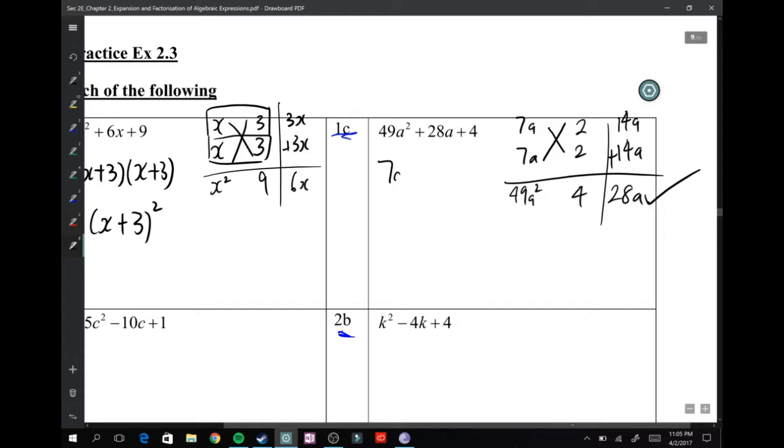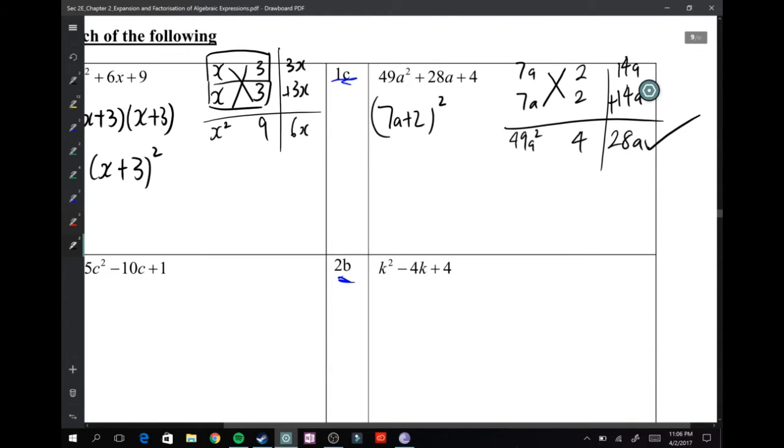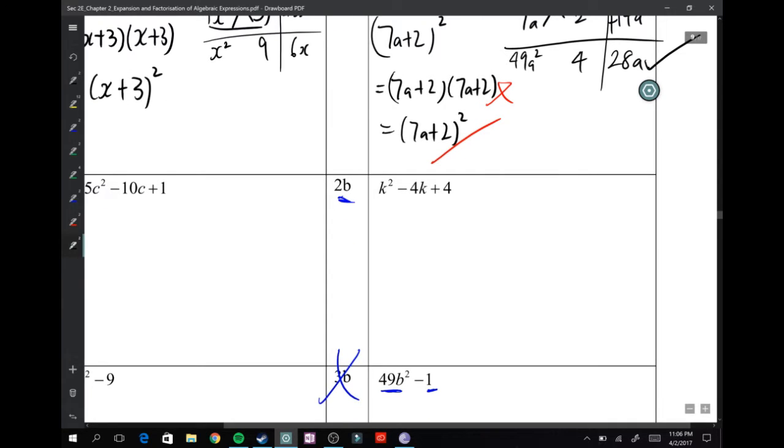So this is 7a plus 2, the whole thing square. Please, if you get your answer as this, it can be further simplified to this. So please give your answer in this manner, don't give it in this manner. Whenever possible, try to simplify things. That's the rule.